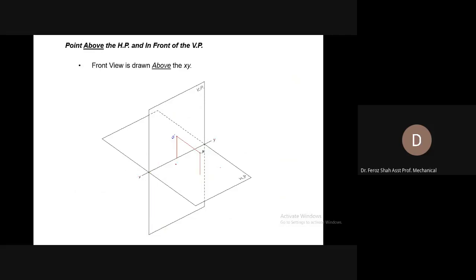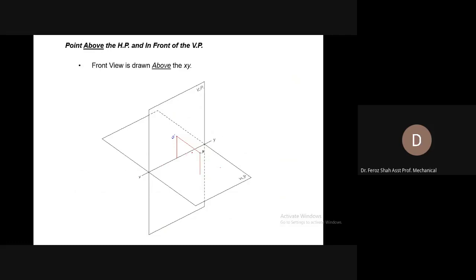It is called the XY reference line because we will be referring to things relative to the horizontal plane, or its relative position to the horizontal plane can be referred from the XY reference line, as well as its relative position with respect to the vertical plane will also be referred from this XY reference line.